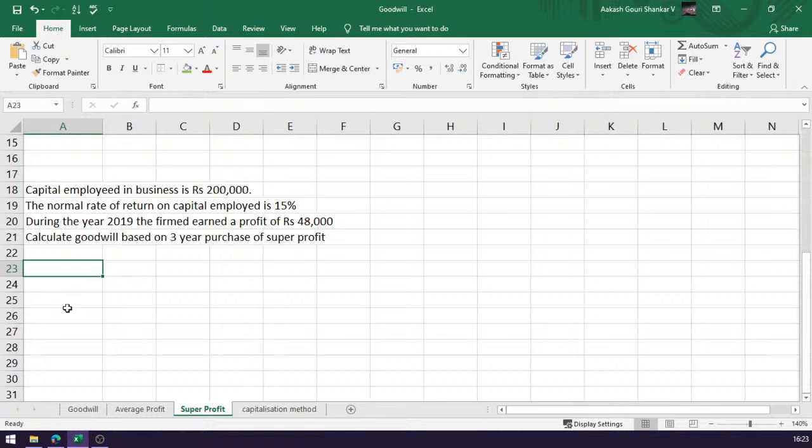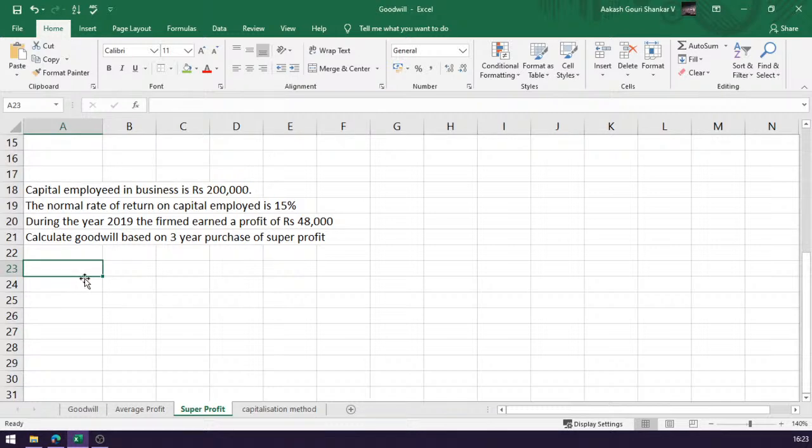But during 2019, the firm earned a profit of 48,000 rupees. We need to calculate the goodwill based on 3 years' purchase on the super profit method.